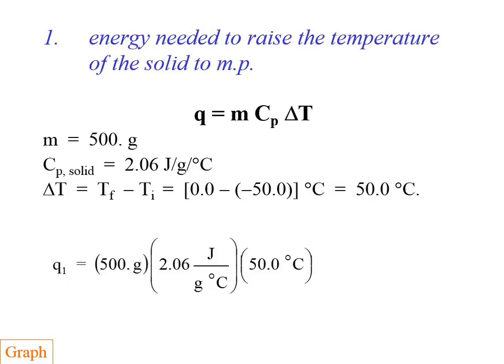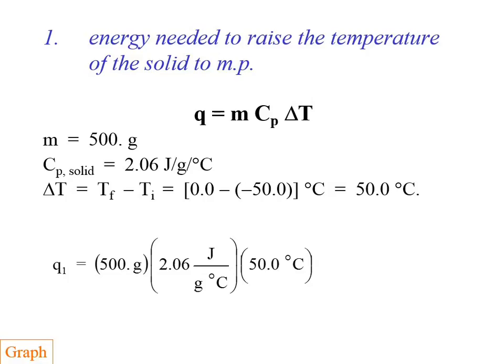Okay. Q1, the first Q is equal to the mass, which is, I said 50, it's 500 grams, or 3 sig figs, times, now this is where you'd have to look up the specific heat for ice. So you know it for liquid water, but for ice you would find it is 2.06 joules per gram degree Celsius.